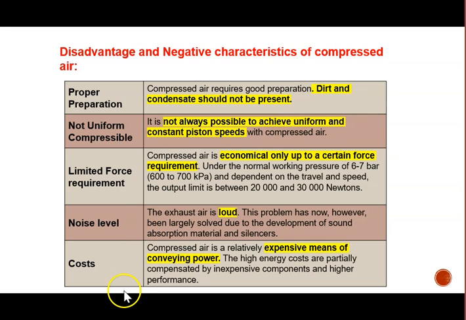And cost, it means cost in terms of conveying power. Okay, so if you want high performance, even though the component is not expensive, the process of compressing the air to have the big force will cost more. Okay.